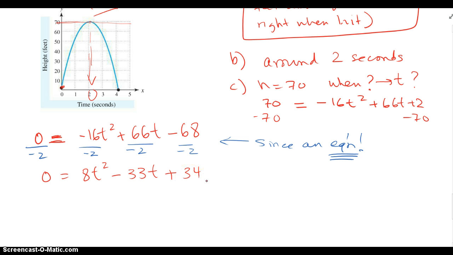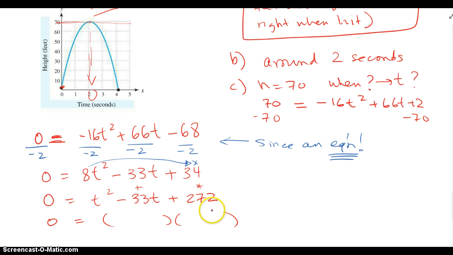Now in order to factor this, there's no GCF to pull out, so if I'm using the WOW method, I have to move the 8 back up and get t squared minus 33t plus 272, and hope that this is factorable. So now I need a product of 272 and a sum of negative 33, and I have to go through all the factors of 272, kind of a big number, to come up with two that add to negative 33.